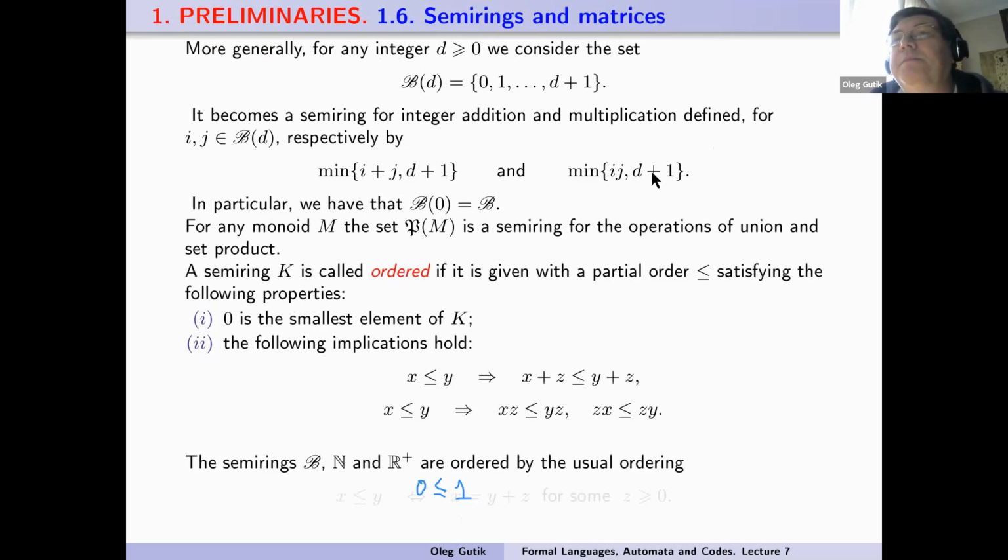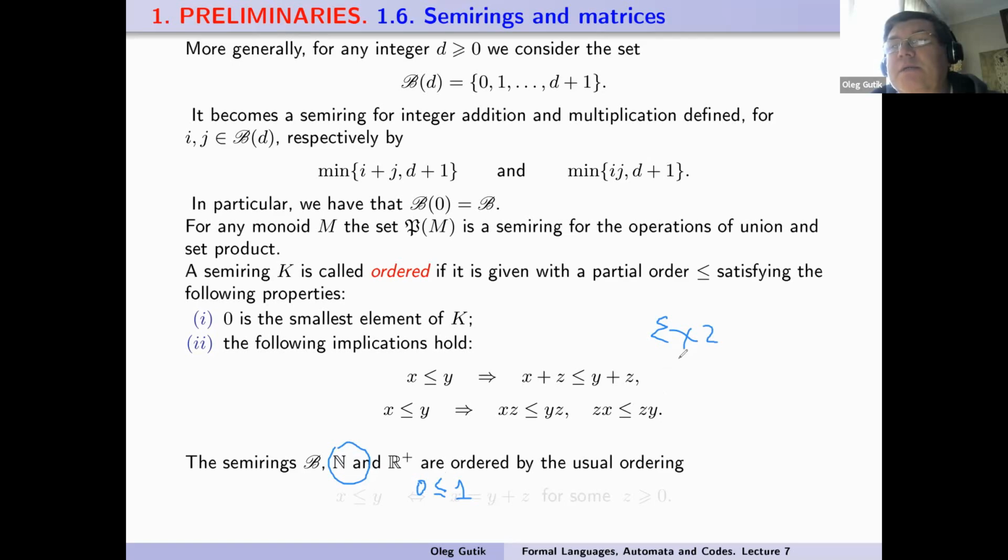Also, I propose for you as exercise 2 to show that the set of natural numbers with the usual operations of multiplication and addition, with the usual order less or equal, is an ordered semiring.